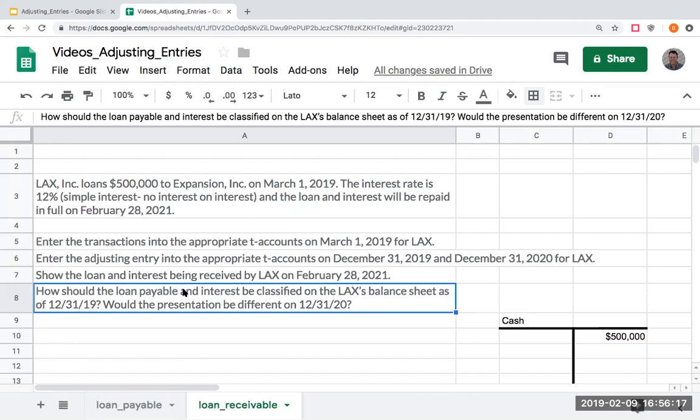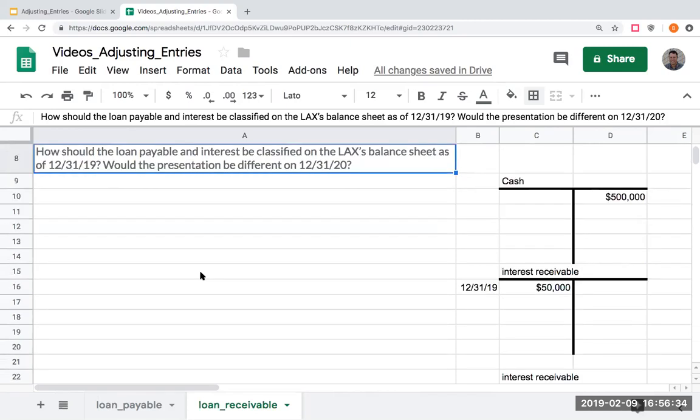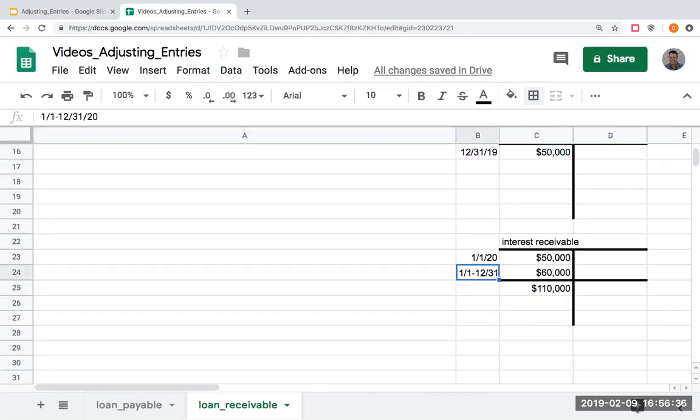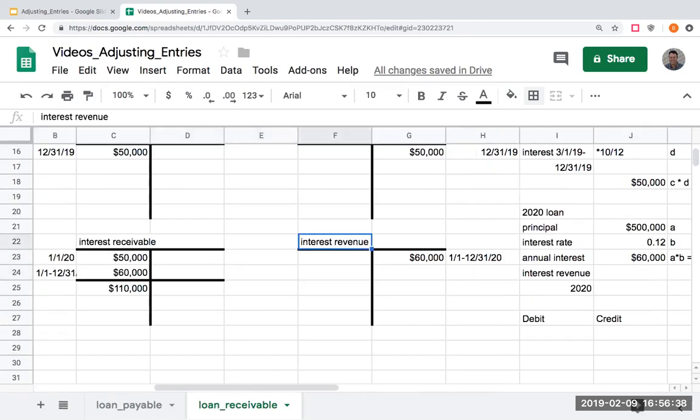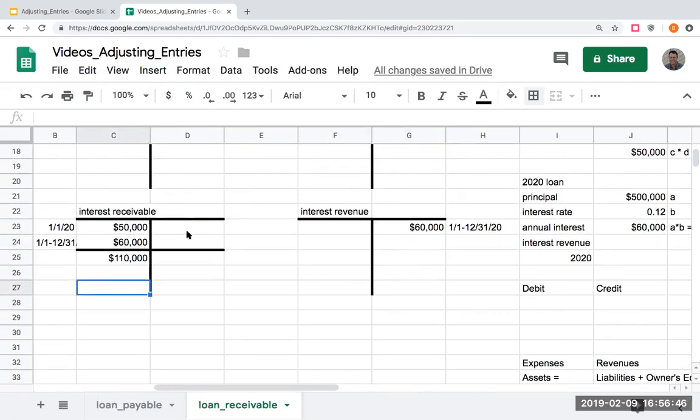So it's going to be a current asset as of December 31st, 2020. On 12/31/19, it's non-current because it's due beyond a year. But a year later, it's due in the next 2 months. So for 2020, interest revenue would be closed out to retained earnings, and my interest receivable account would continue to accumulate.